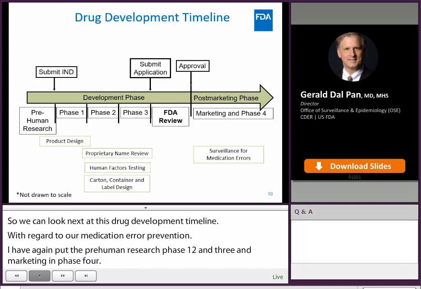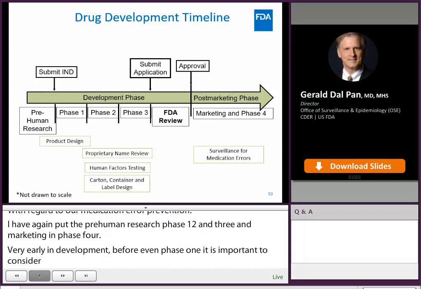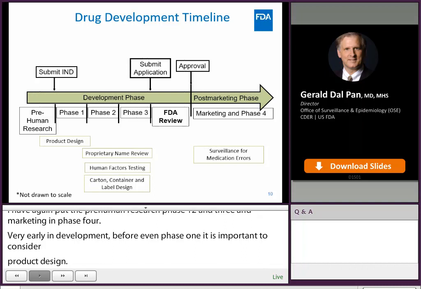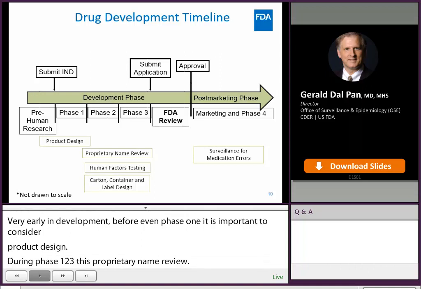And our staff are real experts on that. During phase 1, 2, and 3, there's proprietary name review, human factors testing if needed for certain drug-device combinations, as well as review of carton, container, and label design to make sure information on those documents is presented accurately and appropriately. And in the post-market phase, there is surveillance for medication errors.